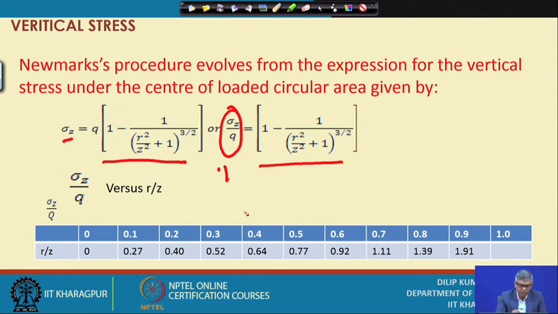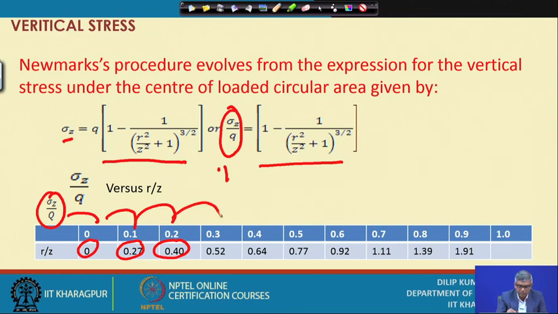So, for several values of sigma z by q: when it is 0, obviously R by Z has to be 0, and when it is 0.1, R by Z is 0.27. When sigma z by q is 0.2, then R by Z is 0.4.